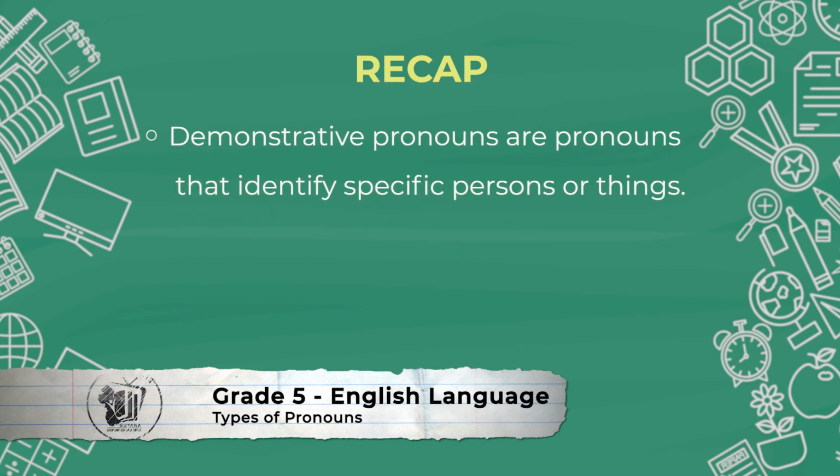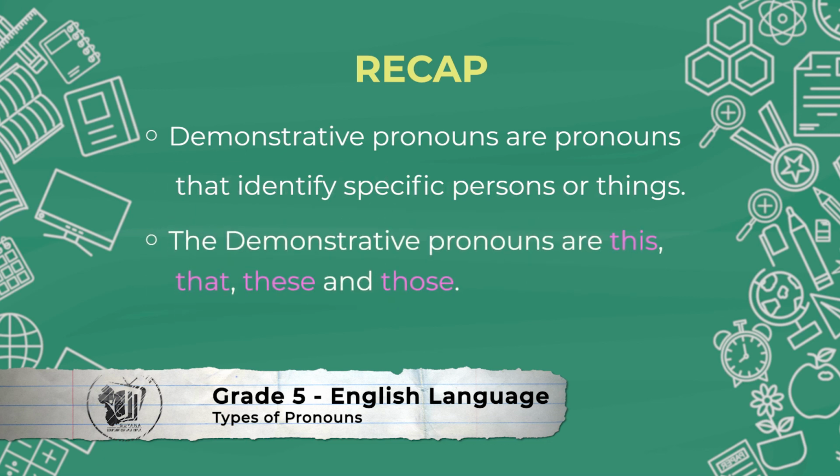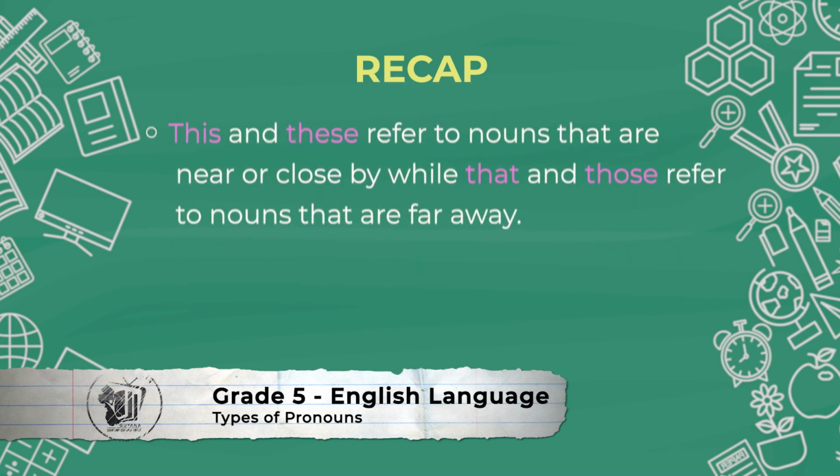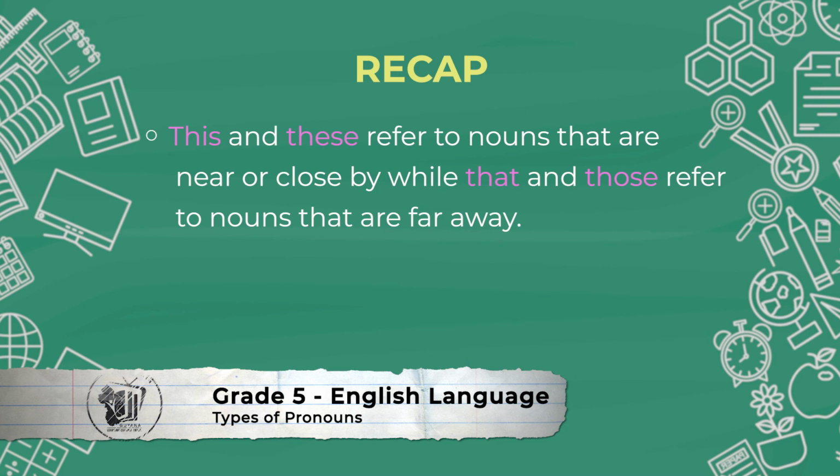Demonstrative pronouns are pronouns that identify or point out a specific person or thing. The demonstrative pronouns are this, that, these, and those. Remember that this and that refer to nouns that are near or close by, while these and those refer to nouns that are far away.